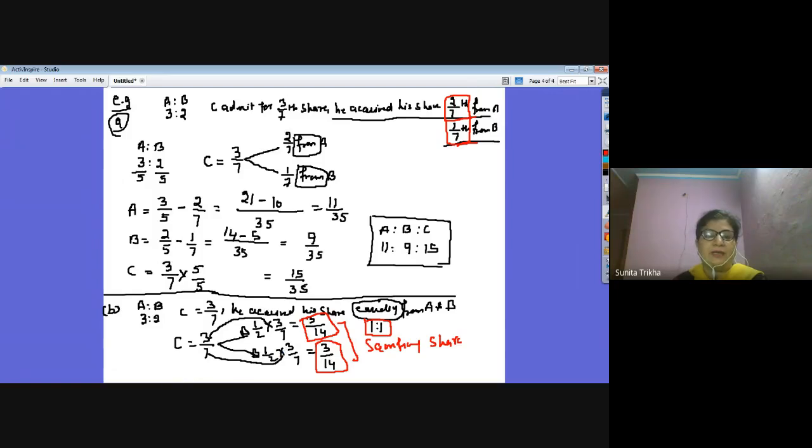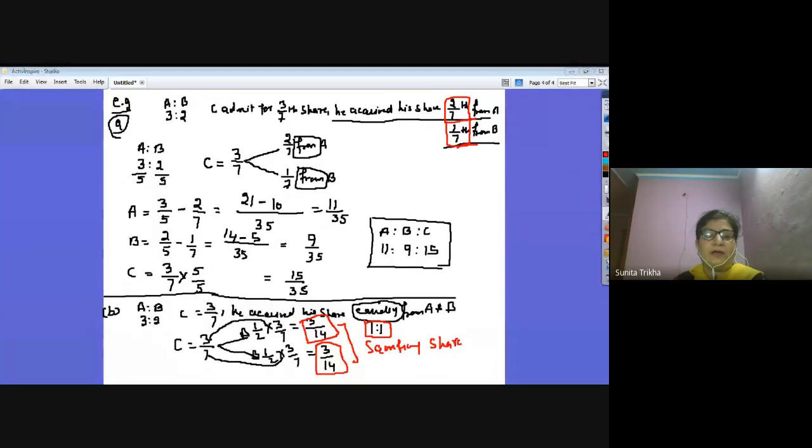Okay, so today we learned how to calculate the new profit sharing ratio when the only information given is that a new partner is admitted. Then what is the formula? Old share multiplied by remaining share. And if the new partner acquires his share from the old partner or partners, then the new profit sharing ratio is old share minus sacrifice share. So you have to check whether old share is given or you have to calculate.